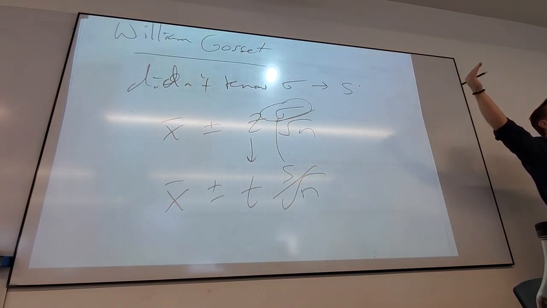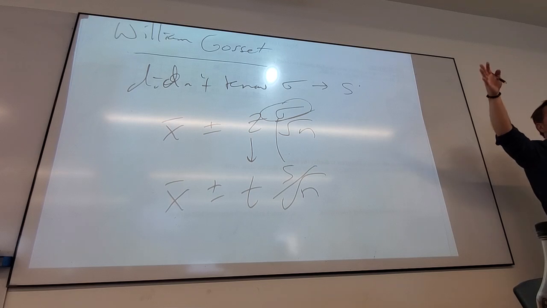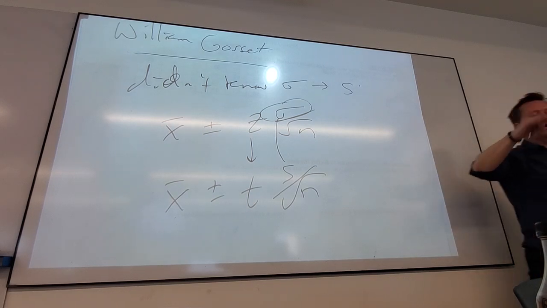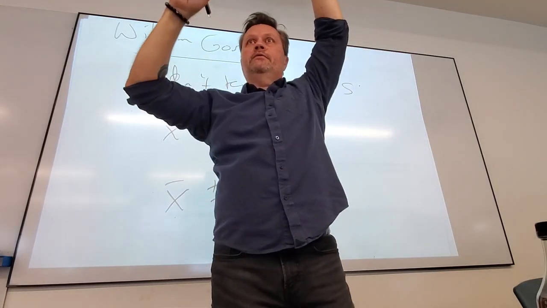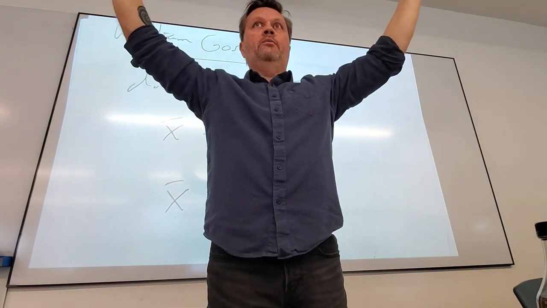How far out I go depends on how big of a sample I took. So with the chart I'm about to give you, the smaller the sample, the bigger the T-score gets, because I've got to cover myself more and more.